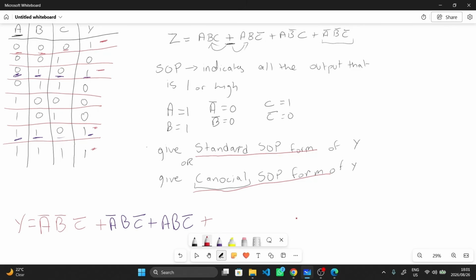Plus, again, we check this last one where A, B, and C, everything is 1. So that will be A, B, and C, right?